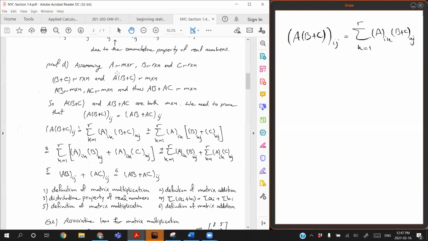So this is the definition that we learned for matrix multiplication in the previous section. I'm going to remind you that definition. This is something that you learned in 1.3.